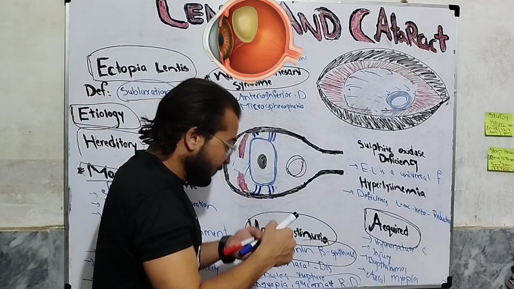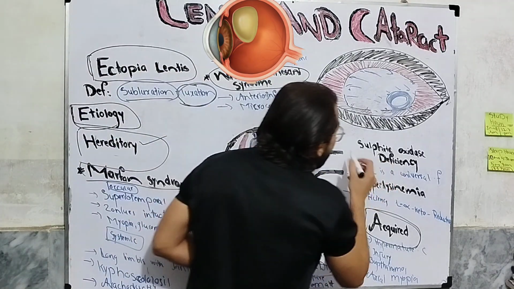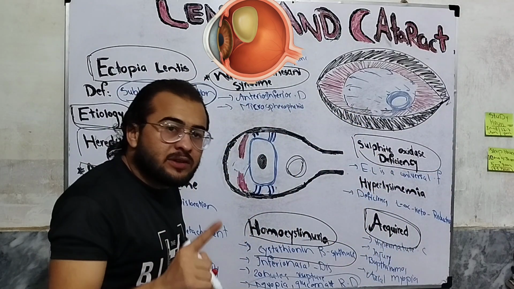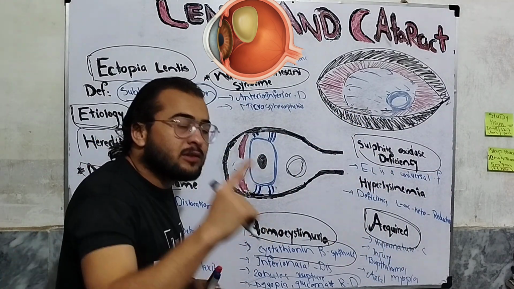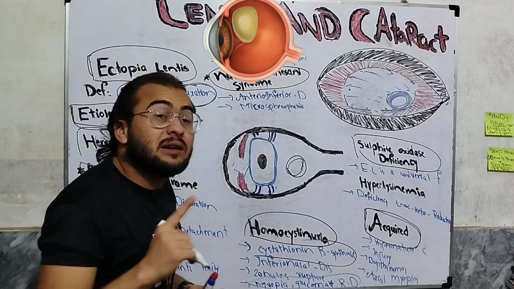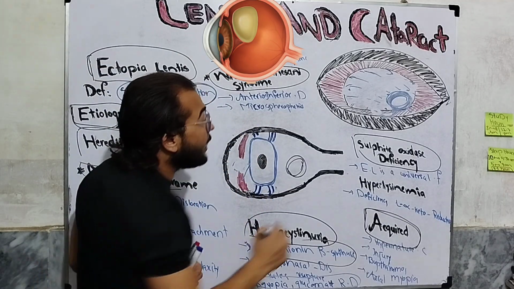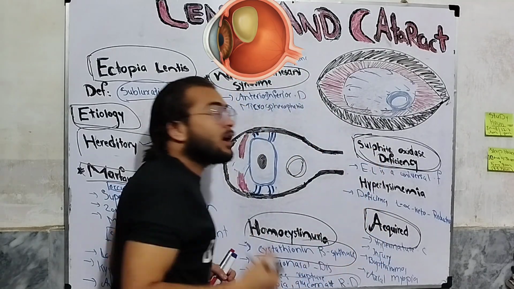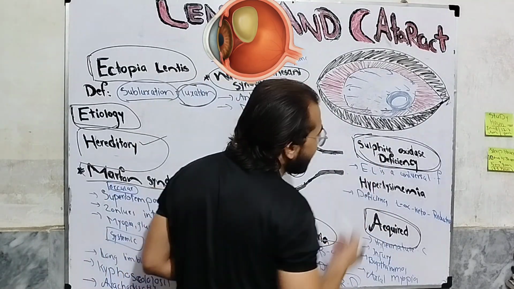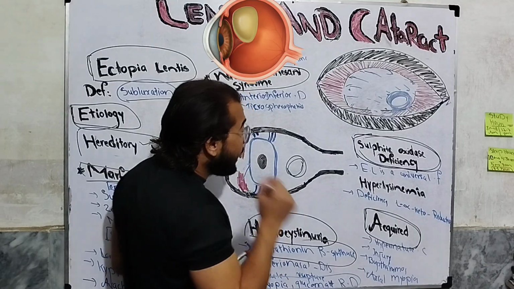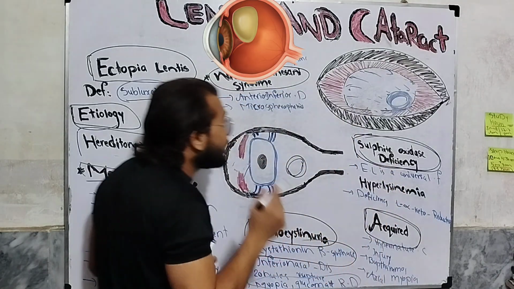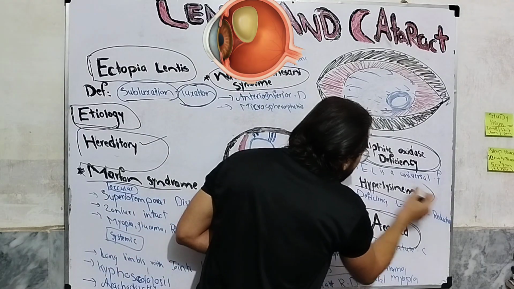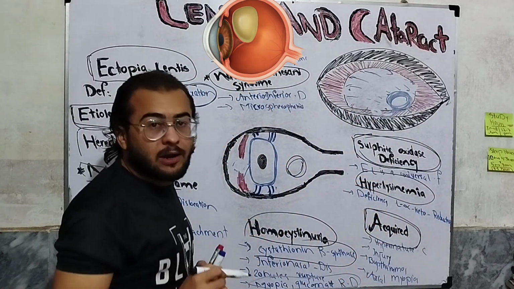Now we have another inborn error of metabolism, which is sulfite oxidase deficiency. In sulfite oxidase deficiency, there is lens dislocation. Ectopia lentis is a universal finding. These patients live only for a couple of years, so their lifespan is very short. And the last hereditary condition in which there is dislocation is hyperlysinemia, in which lysine will be increased in the blood.